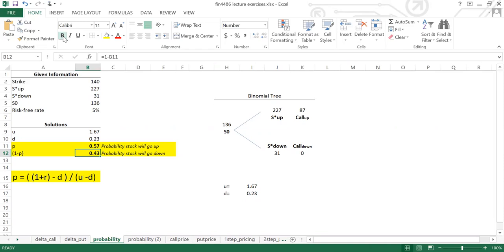You get it by subtracting from 1 whatever you got for p. This is the probability that the stock will move down, and it is also the probability that your call option or put option will end up in this bad state of the world for the stock. So basically, this is how we get the probabilities.